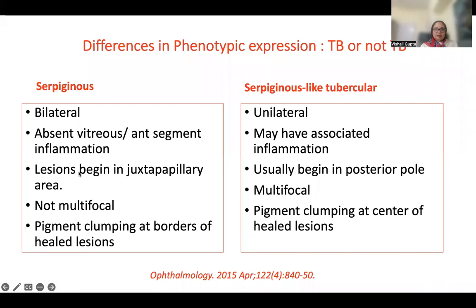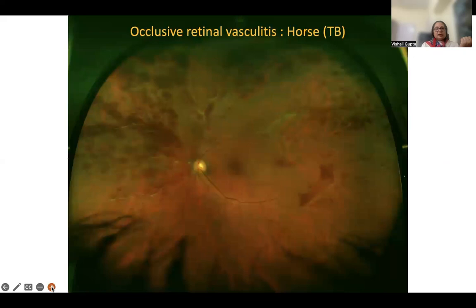Serpiginous typically begins in the juxtapapillary area compared to TB in the posterior pole, and very important is the multifocality of lesions in TB, whereas typical serpiginous is not multifocal. Again, when we look at this serpiginous, the pigment clumping is at the border of the healed lesion compared to TB, where pigment clumping is at the center of the healed lesions.